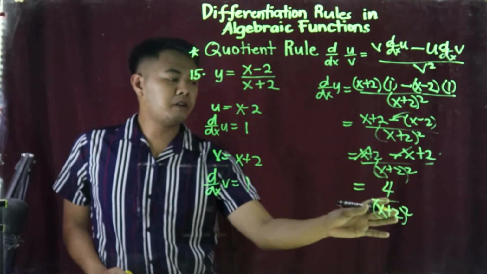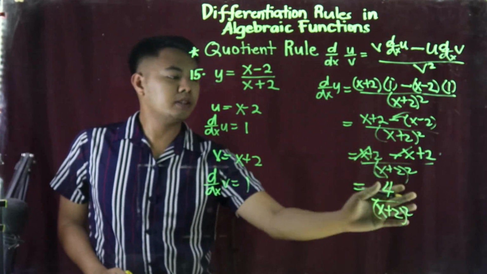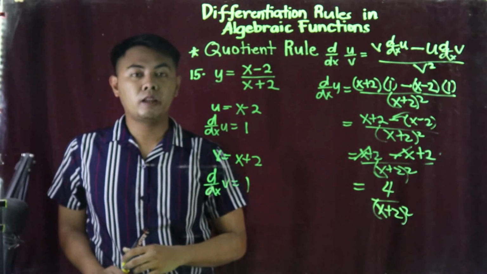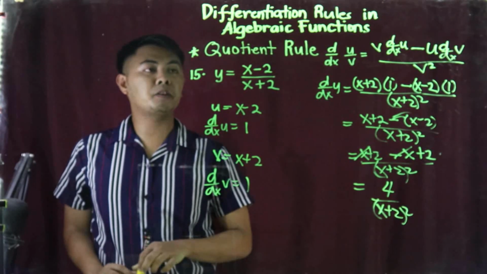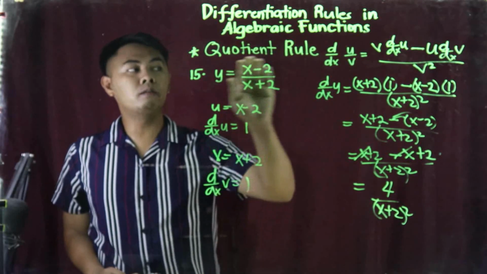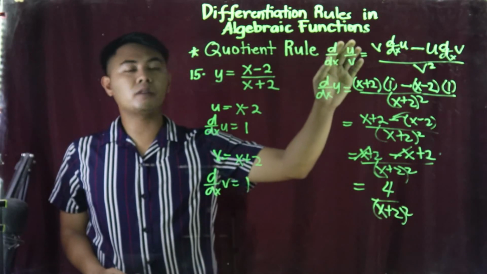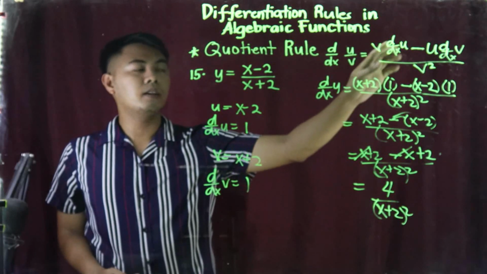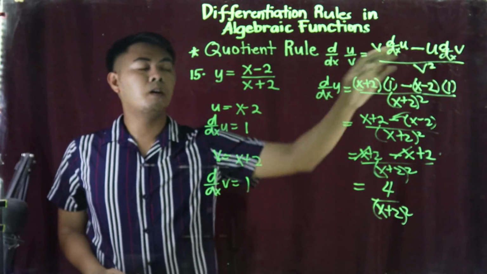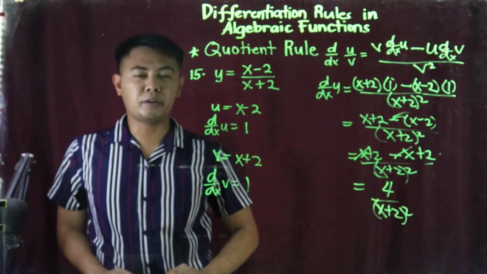So 4 over x plus 2 quantity squared is the derivative of x minus 2 over x plus 2. So that's how you find the derivative of a rational function applying the quotient rule. The derivative of u over v is equal to v times the derivative of u minus u times the derivative of v all over v squared.